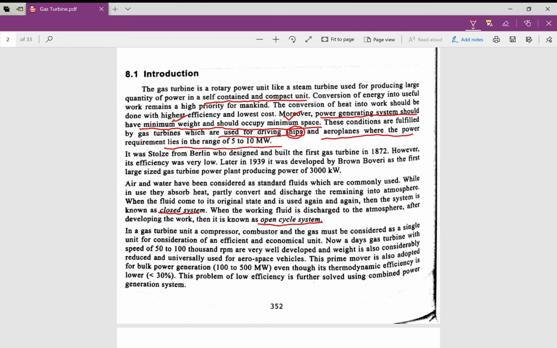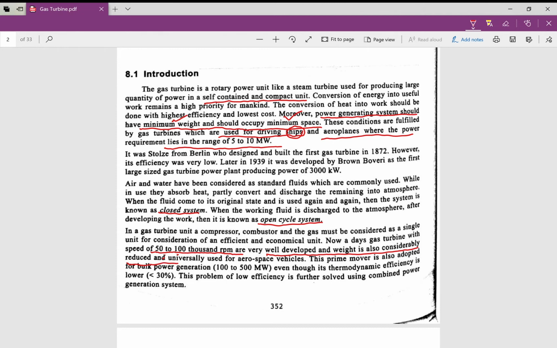As a whole, gas turbine speed is around 50 to 100,000 RPM, which is very well developed, and weight is also considerably reduced.